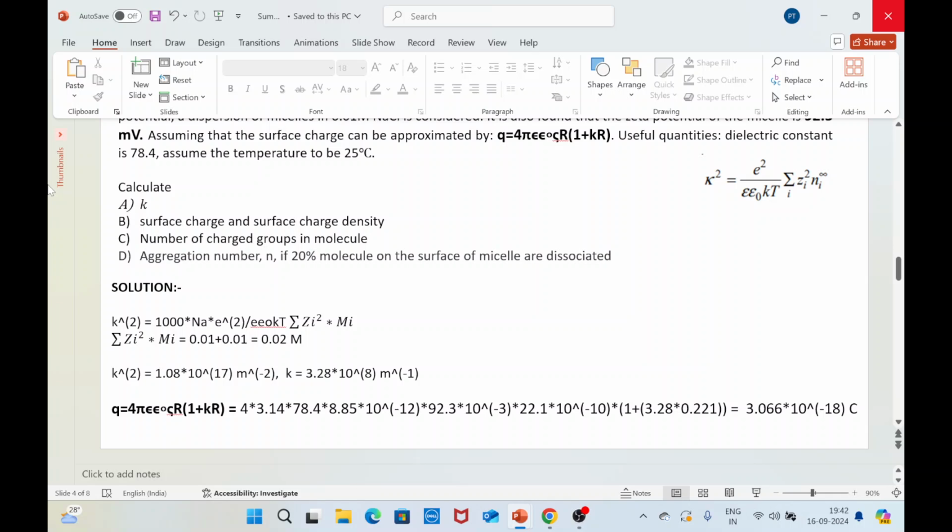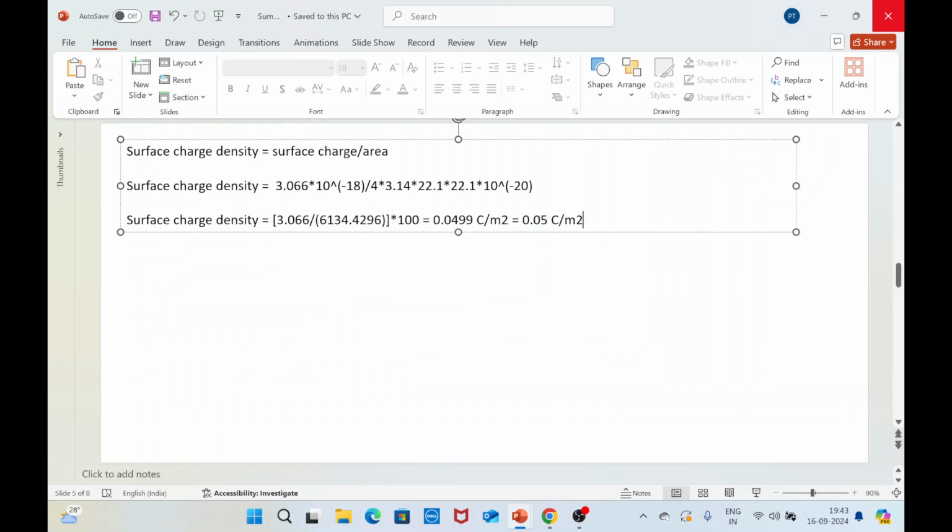How do you calculate the number of charged groups? Any thoughts, any ideas on calculating the number of charged groups?